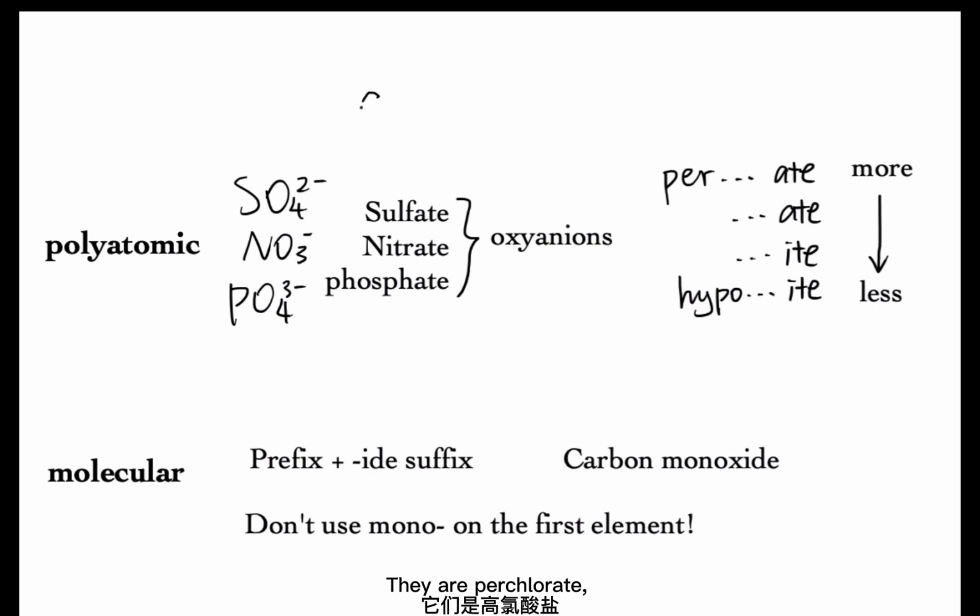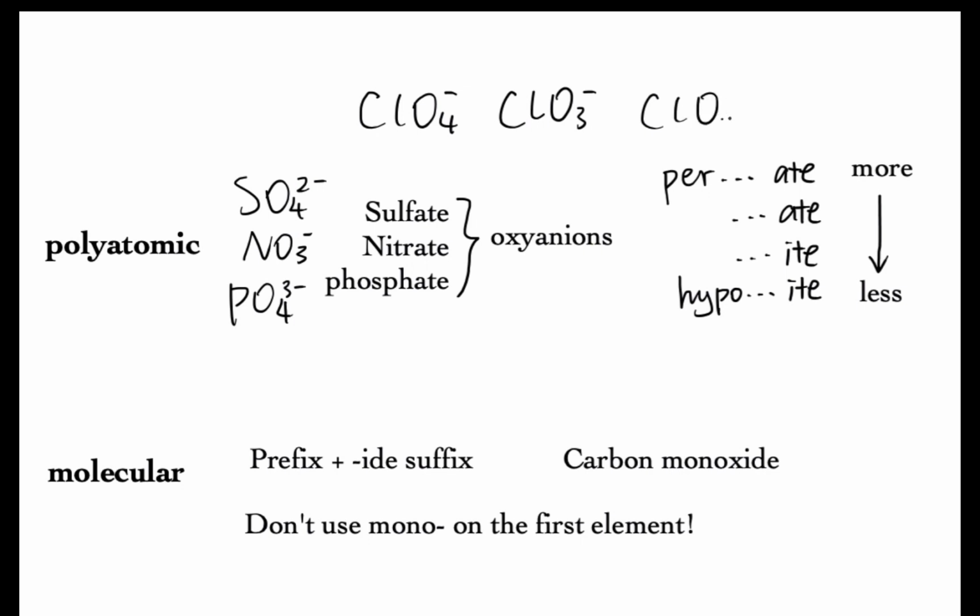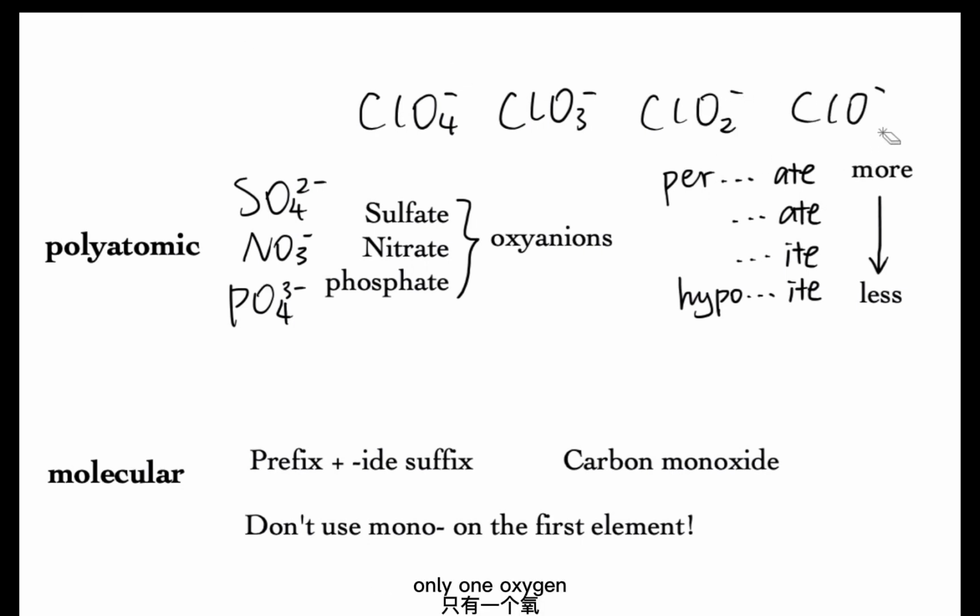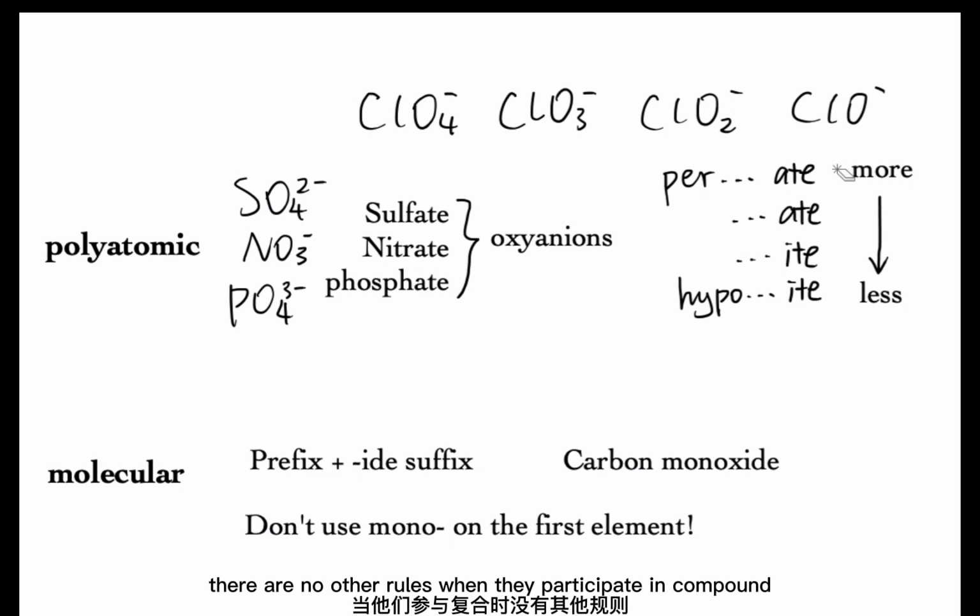They are perchlorate, chlorate, chlorite, and hypochlorite. Only one oxygen. There are no other rules when they participate in compounds, like this is potassium permanganate.